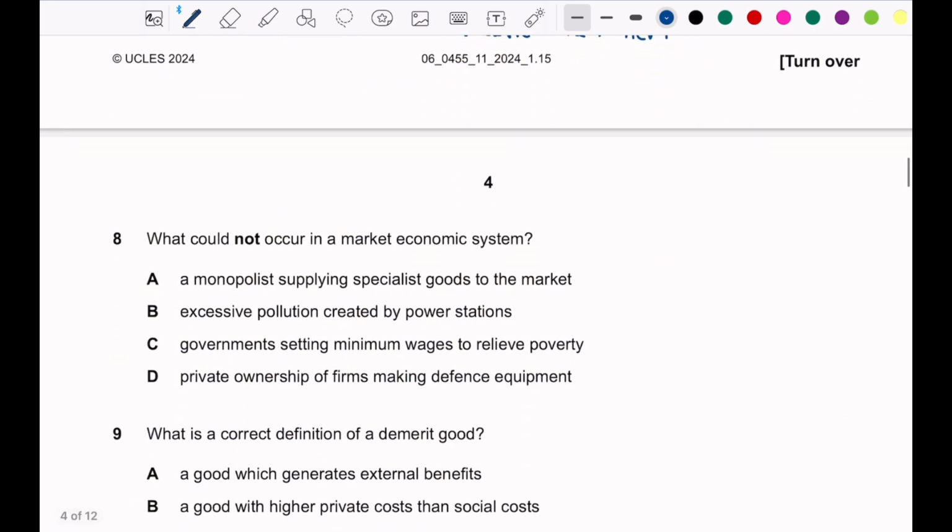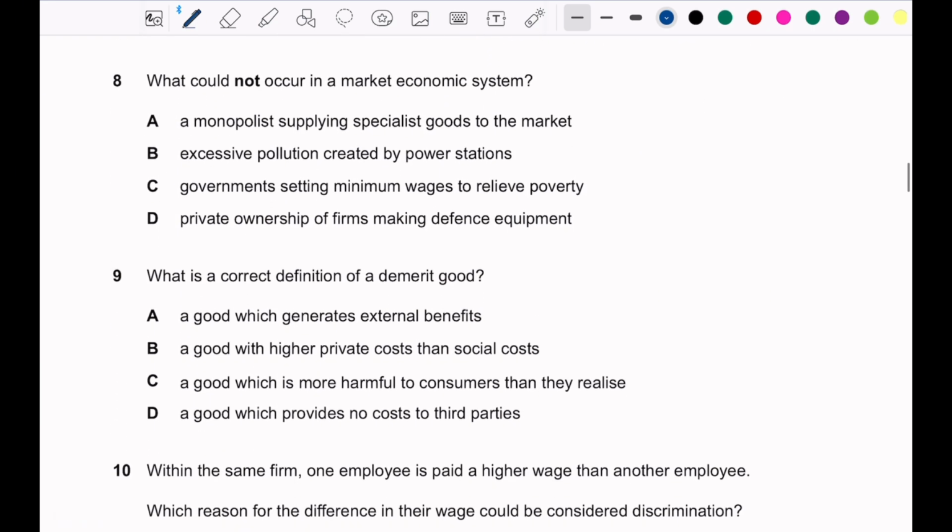Moving on. Question 8. What could not occur in a market economic system? So we need to find what cannot happen. First, a monopoly supplying specialist goods to the market. Yes, it is possible. Although it's a market economy system, it can be a private firm that is a monopoly.